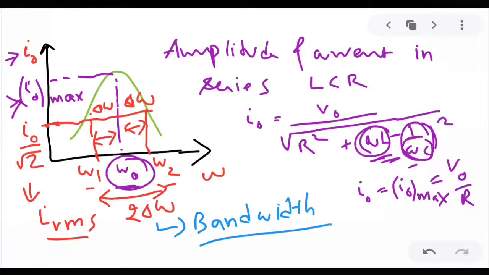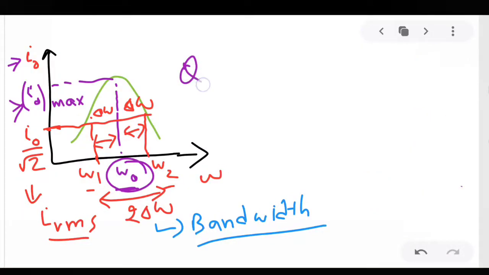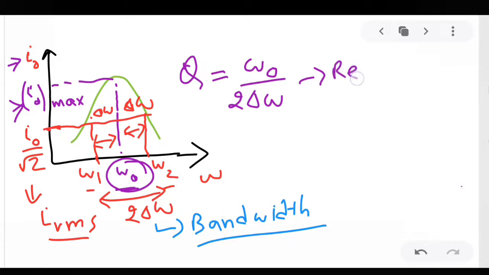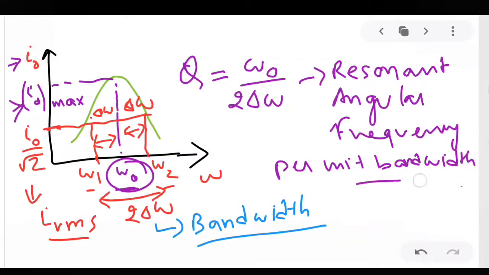Now the definition of quality factor: the quality factor, also called sharpness of resonance, is the resonant angular frequency per unit bandwidth.